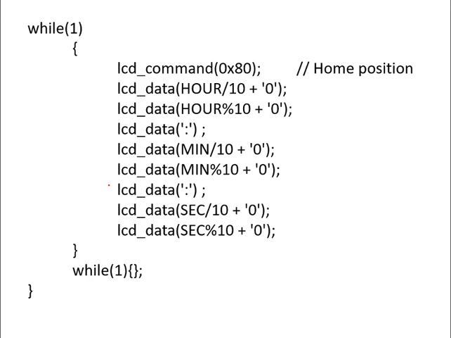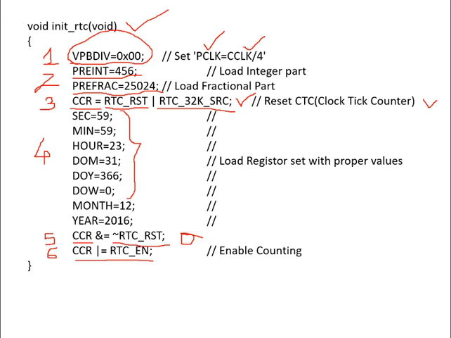Okay, once the RTC is initialized, now what is done? LCD command, it will again come back to the main position. Okay, and here what we have done is LCD underscore data is equal to R. Now what is R? R is the register of, here you have seen that these are the SFRs which are related to the RTC.